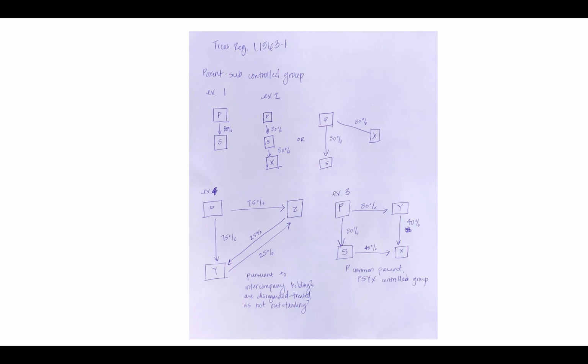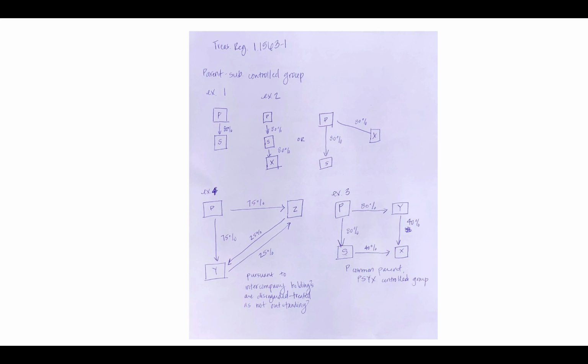In example 2, you have parent owning 80% of S, the sub, who also owns 80% of X. These are all part of the control group. Remember, we have a parent who owns at least 80% of another corporation, and then collectively they own 80% of all the other corporations in the group. The same result would happen if, in the example over to the right, the parent owned 80% of sub and the parent also owned directly 80% of X. It doesn't matter.